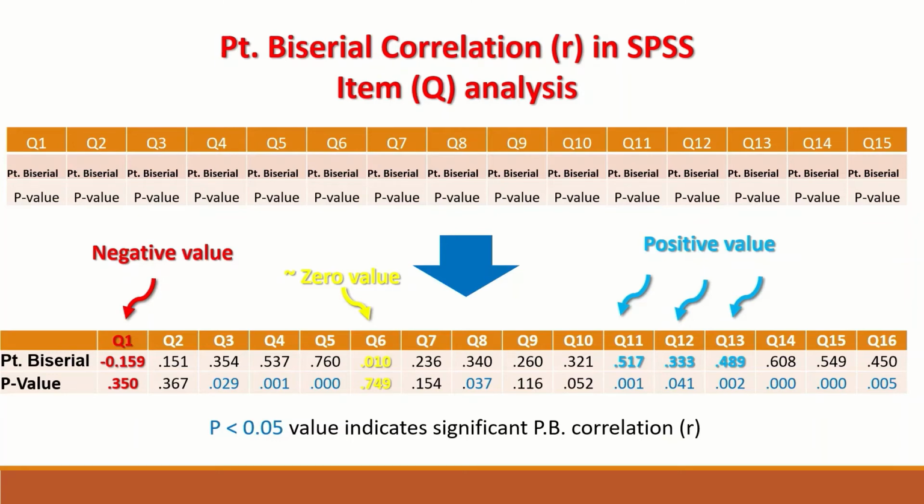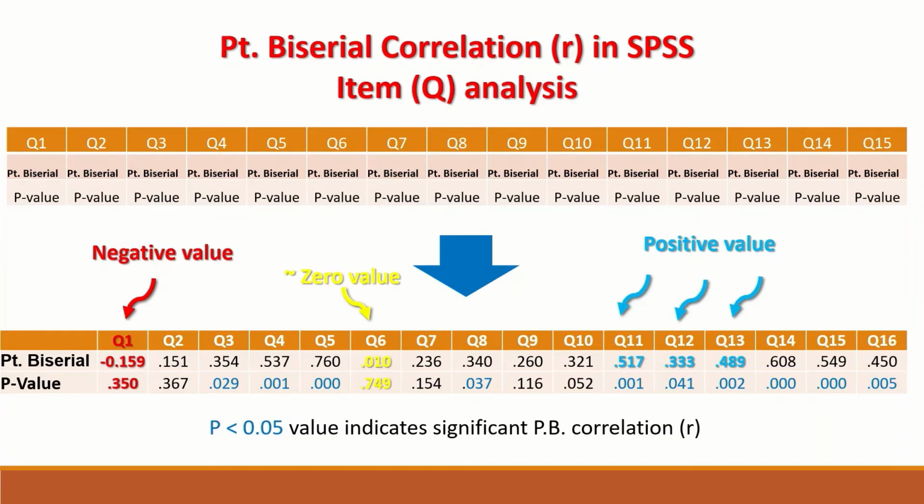As we can see here, for each individual question, from question number 1 to question number 15, there is a calculated point biserial value and a p-value.